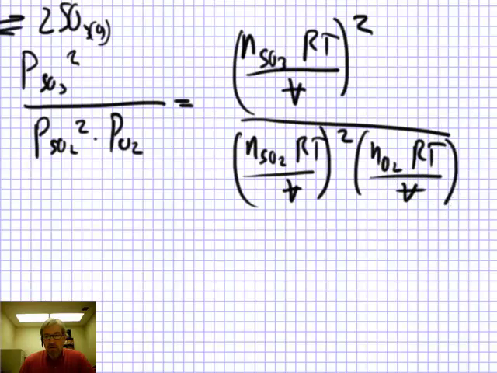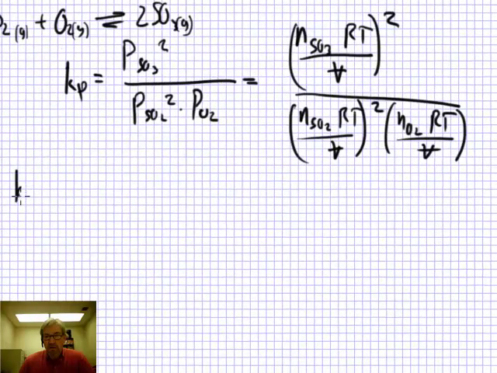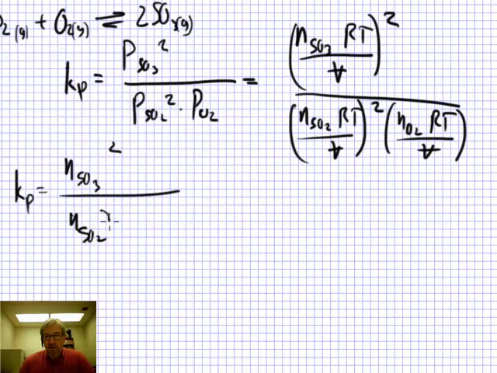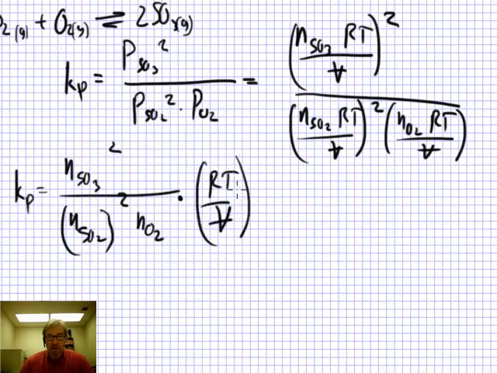So we can factor out an RT over V here, and we get this. Kp is really equal to number of moles of SO3 squared over number of moles of SO2 squared times number of moles of O2 to the 1 power, times RT over V to the 2 minus 3, which is to the negative 1.